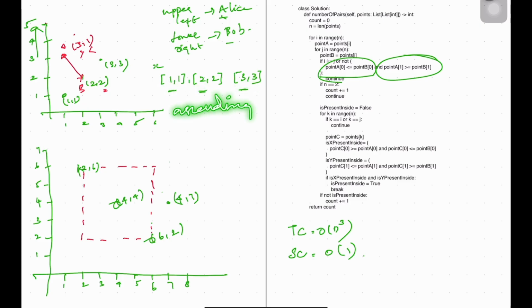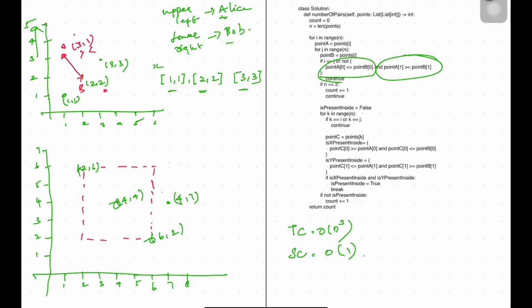If you take this as A and this as B, this should be lesser than this. So if you sort x, point A of 1 should be greater than B of 1, right? So what we will be doing is sorting x in ascending and y in descending.